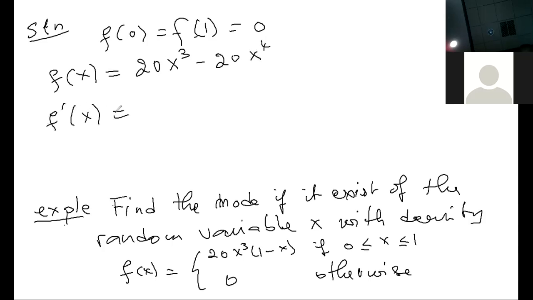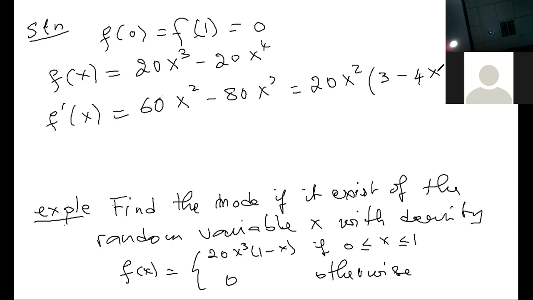So f prime of x equals 60x squared minus 80x, which is equal to 20x squared times 3 minus 4x. Find the derivative of f of x.